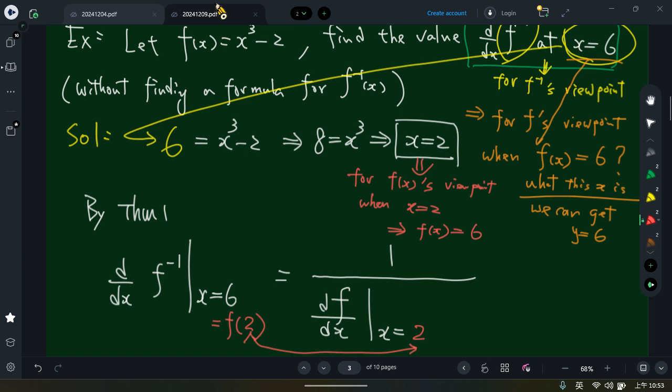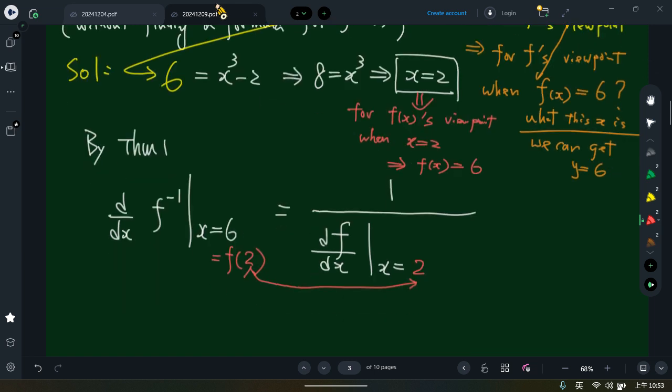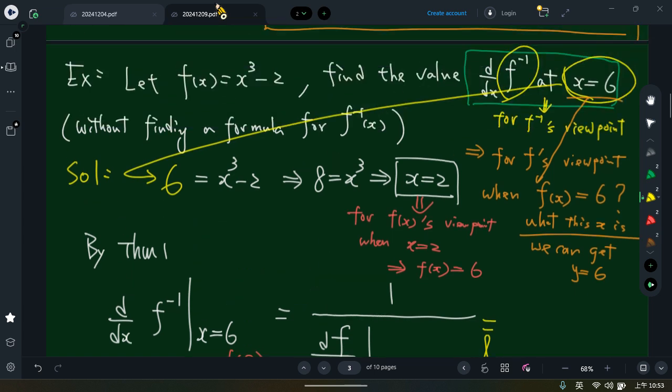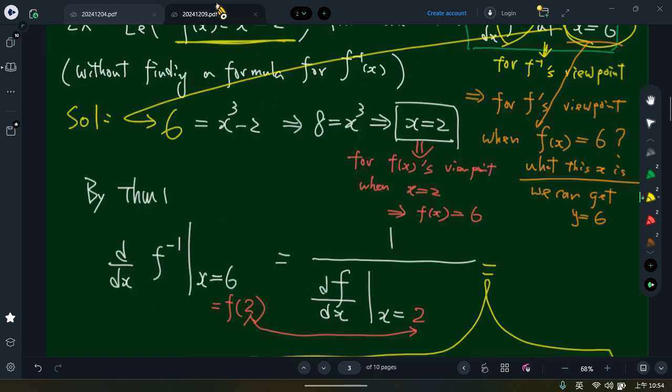Okay, so that we can continue to get the result as, since the original function is x cubed minus 2. This is the original function, right? This is the original function.